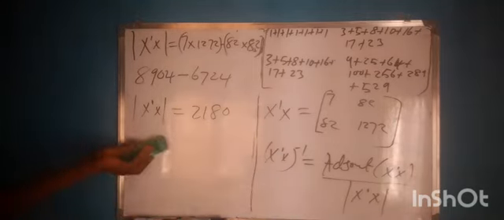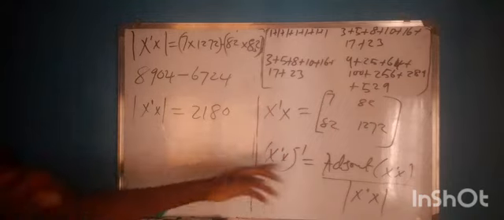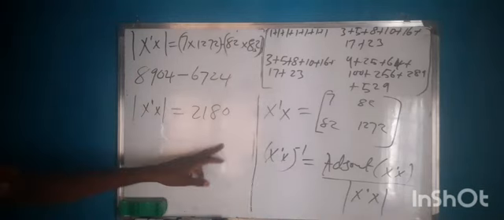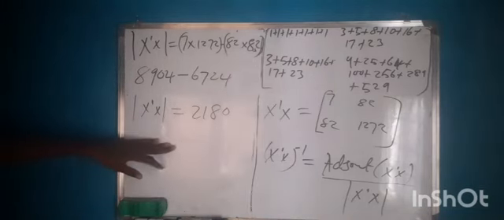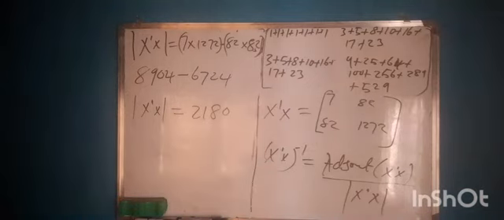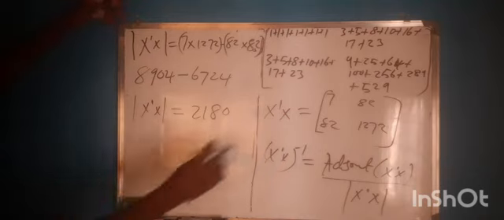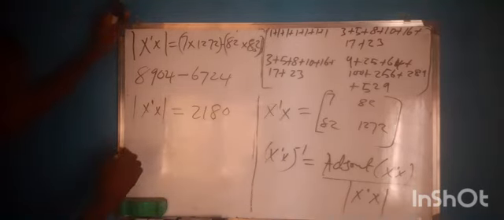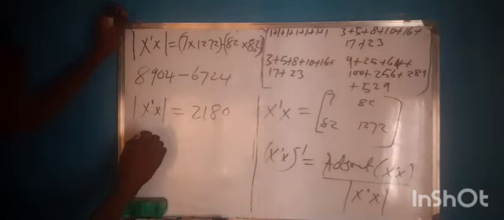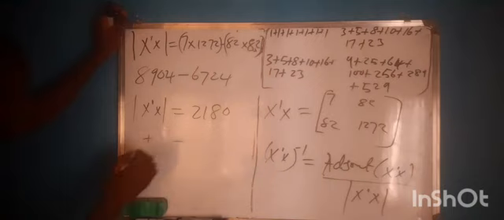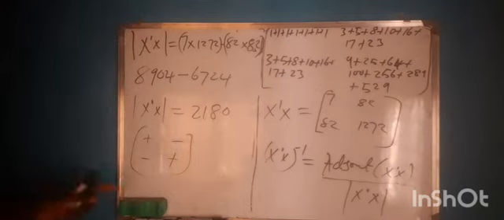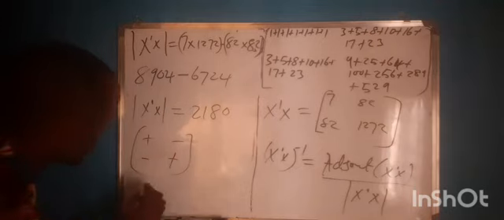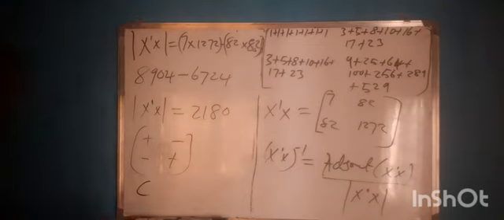Okay, so the next step is to get what? The adjoint. But before we get the adjoint, first of all get the matrix of the cofactors. In a matrix, this is how the sign goes. For example, we have a 2 by 2 matrix, so the signs are positive, negative, negative, positive. We'll only be making use of these signs. For C11, this C represents the cofactors.